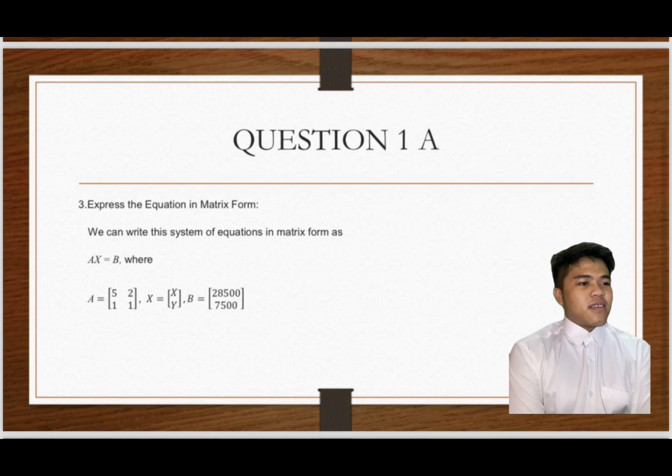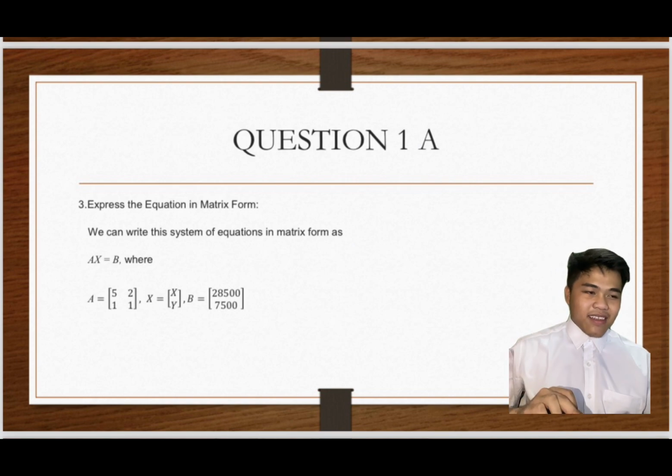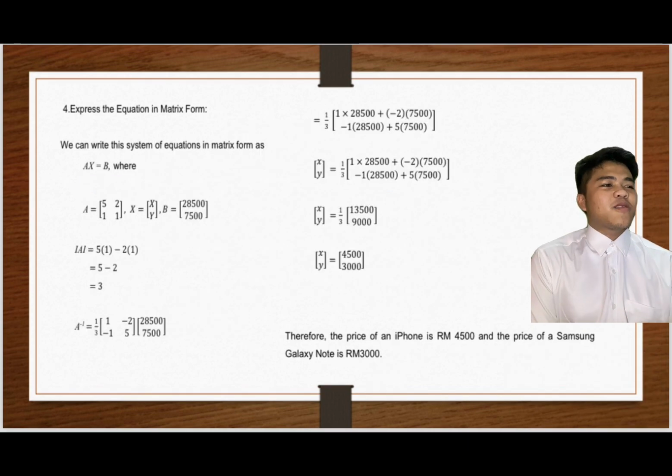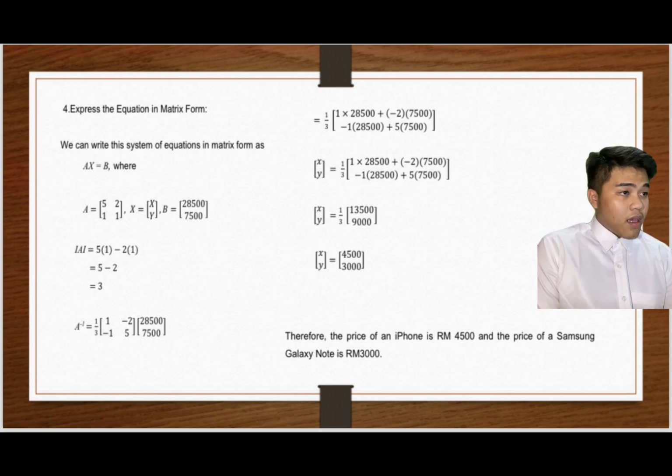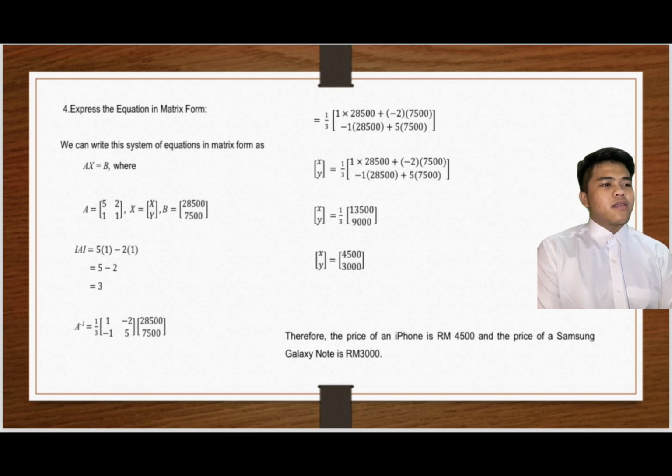X equal to x and y, and B equal to 28,500 and 7,500.